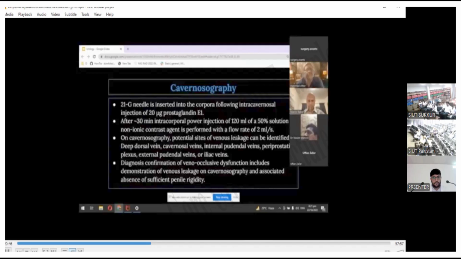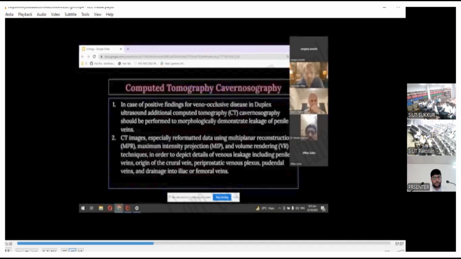These may be in the deep dorsal vein, cavernosal vein, internal pudendal veins, periprostatic plexus, external pudendal veins, or iliac veins. Diagnosis confirmation of veno-occlusive dysfunction includes demonstration of the venous leakage on cavernosography and associated absence of sufficient penile rigidity.